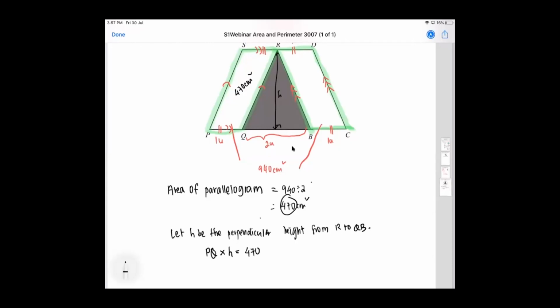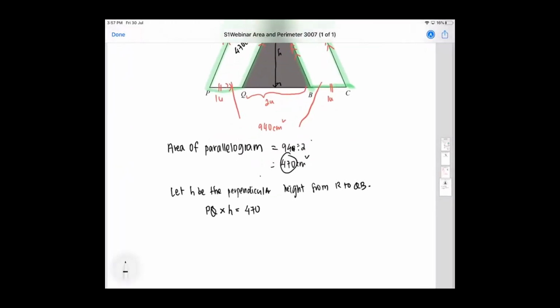Okay, so we compare this with the area of the triangle. Area of triangle is half times QB times H. So the area of the shaded region is half times QB times H. And QB is twice of PQ. PQ is 1 unit, QB is 2 units.